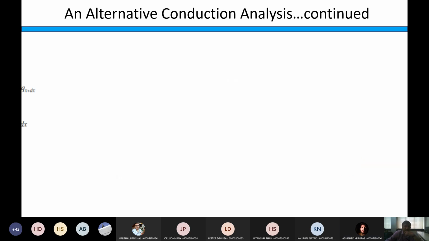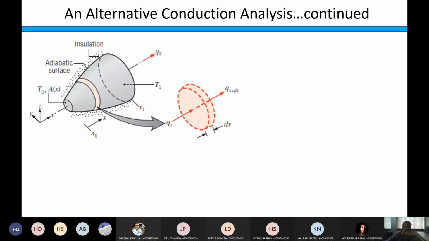Alternate conduction analysis continued further. So look at the geometry now. I am taking any arbitrary geometry like this, and any random coordinate system, x, y, z. This is your phase 1, which has the temperature T0, and the area of this phase is A. And why is A a function of x? Because along x the area is continuously varying, right?